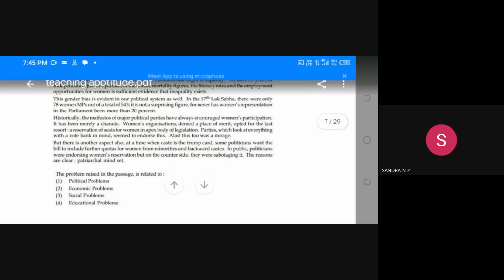Is it related to a political problem or economic or social or educational? Which is the problem given in this passage? If you have any doubt, you can ask me. If you are not clear with what I am saying, you can also ask me.